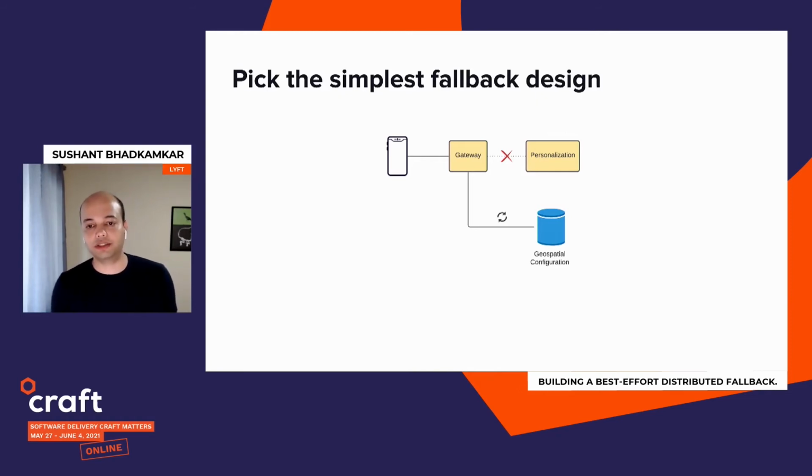This means that the gateway service can return a fallback response without depending on any other component. So if we get an error response back from the personalization layer, we can assume that nothing else is working as expected, and the gateway can itself build a fallback response and return it back to the client.